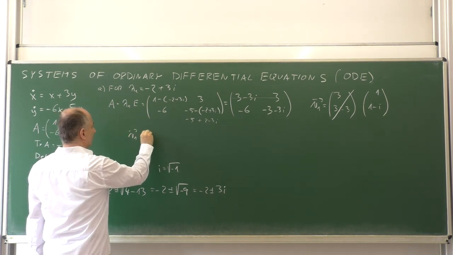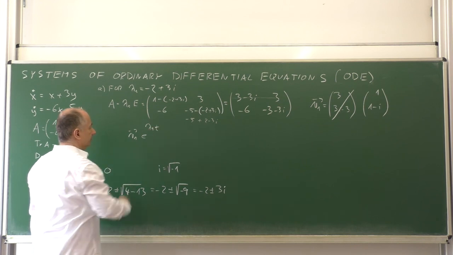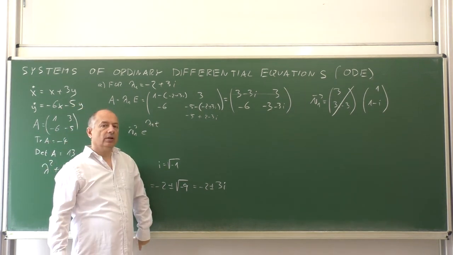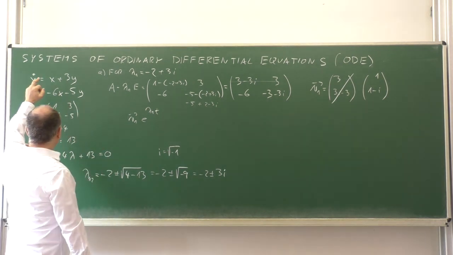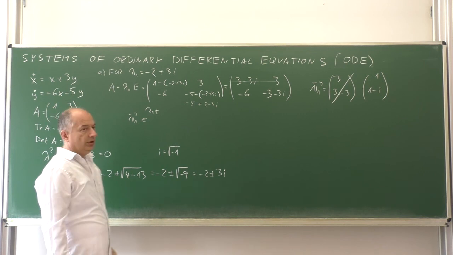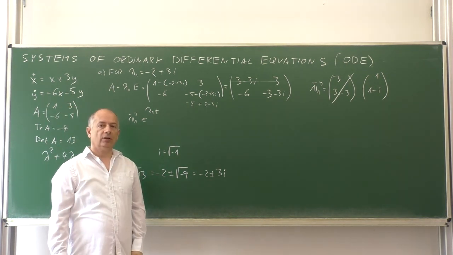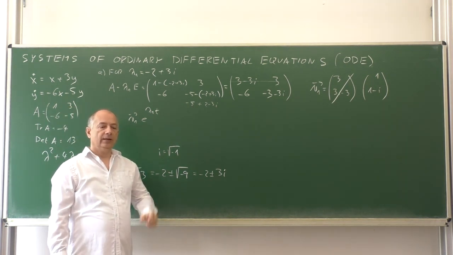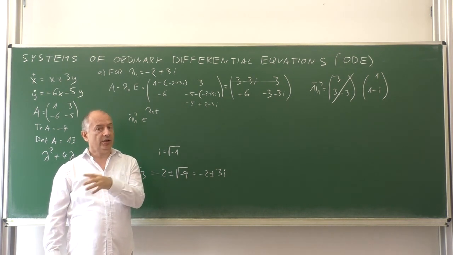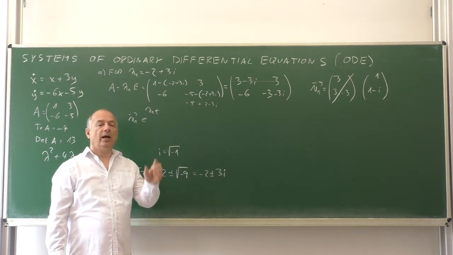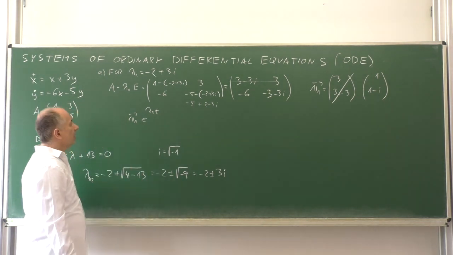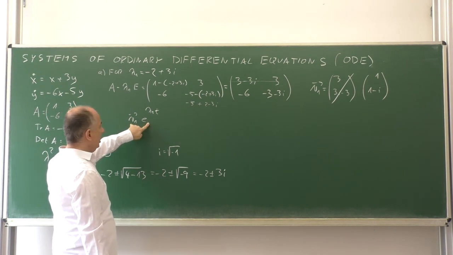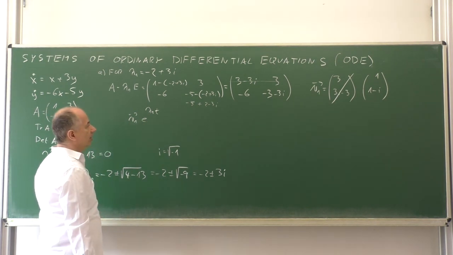Well, and now we have the solution v1 e to the lambda 1 t. But this is a complex solution, and if we have a real linear homogeneous equation having a complex solution, then the real part of the solution is again a solution of the system, and the imaginary part alone is again a solution of the system. So we want to find the real part and then the imaginary part of this complex solution.